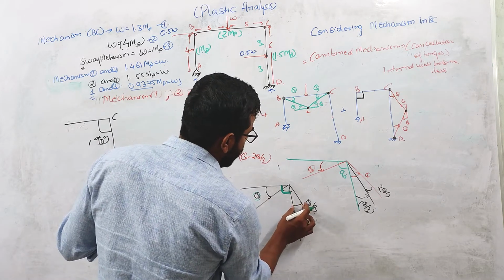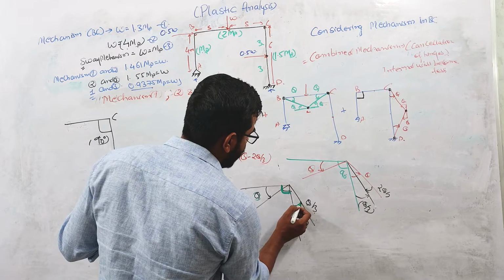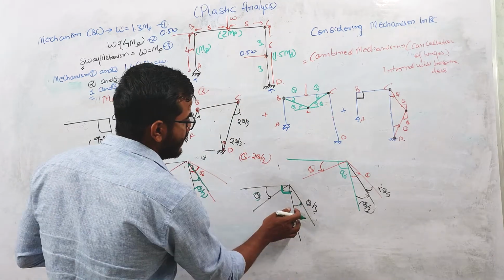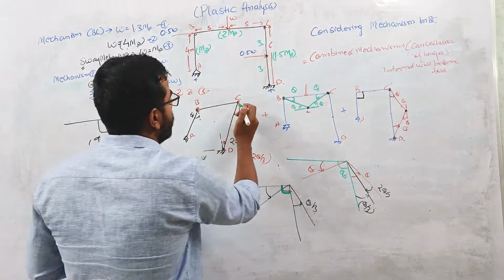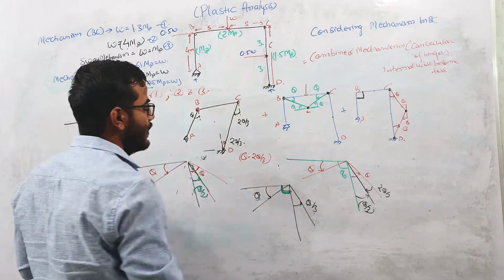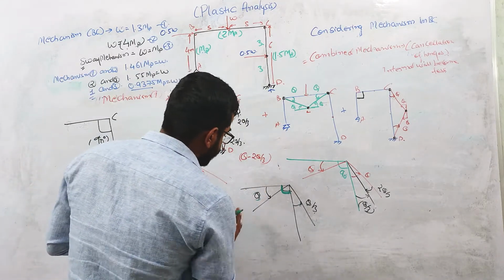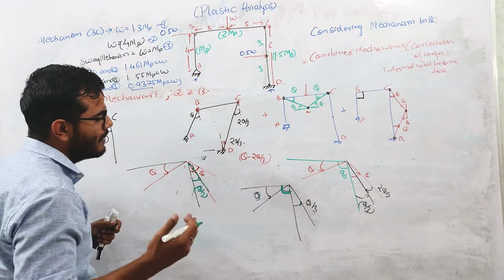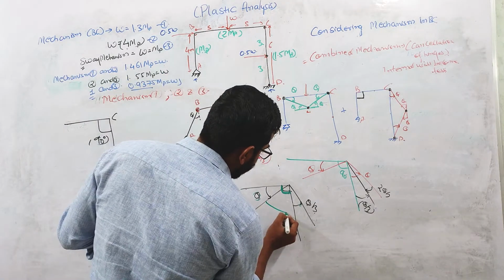If this had been theta, there would be no plastic hinge, but this is theta by 3 when you combine all the rotations at this joint C, right? So now if someone asks what the angle between the members is, the angle will be this one.